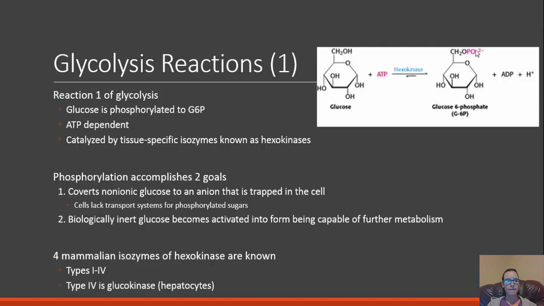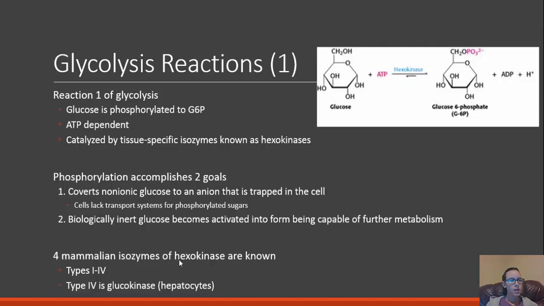So we have the added phosphate group on here. This is ATP dependent, and it's catalyzed by tissue-specific isozymes known as hexokinase. The word isozymes just means that these are enzymes with identical function but different structure. One type of hexokinase is glucokinase, which is specific to the liver.